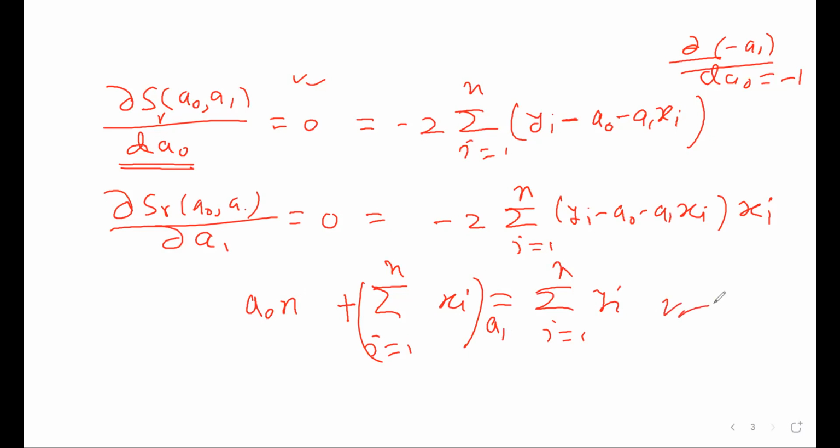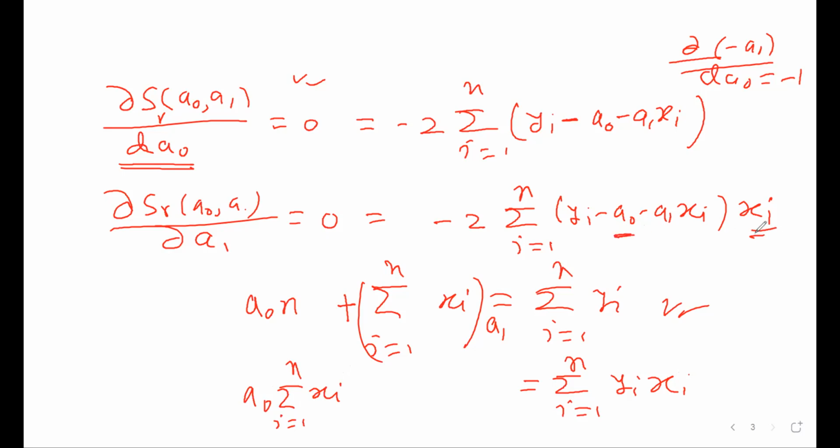Then in the same way, can you arrange your second equation? In the second equation, which term will be known to you? Yi again. Yes, sir. Why? Yi into xi, because xi is there. Right. Your xi and yi will be known to you. Then another term with respect to xi would be equal to what? This would be equal to A0 into the sum from i equal to 1 to n of xi, isn't it?